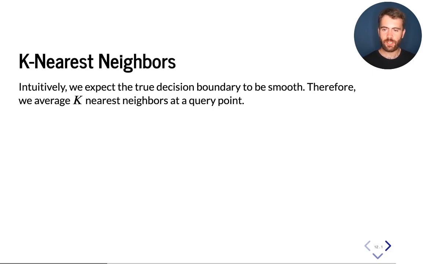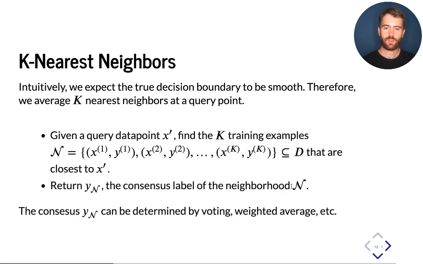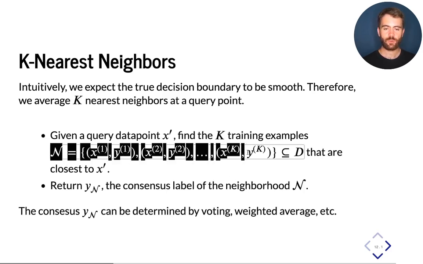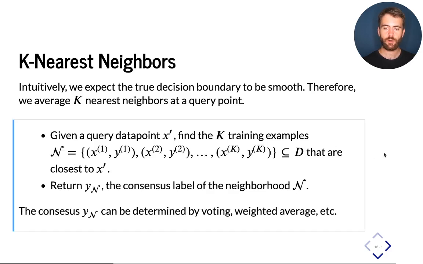It's only a slight modification of nearest neighbors in that instead of looking for the nearest neighbor, we're looking for the k closest neighbors to our query point x prime. And these form this set, which I'm going to call the neighborhood to the query point x prime.